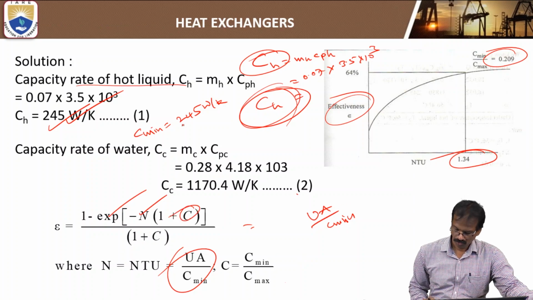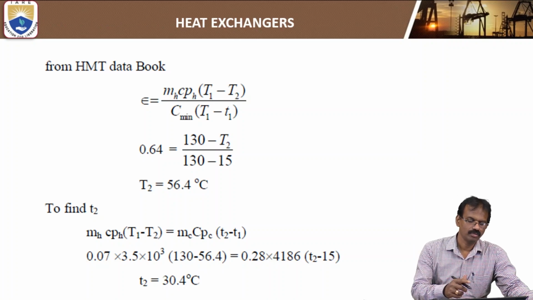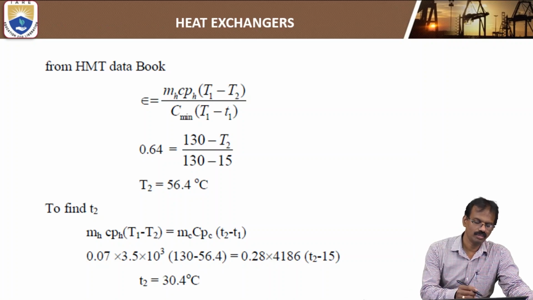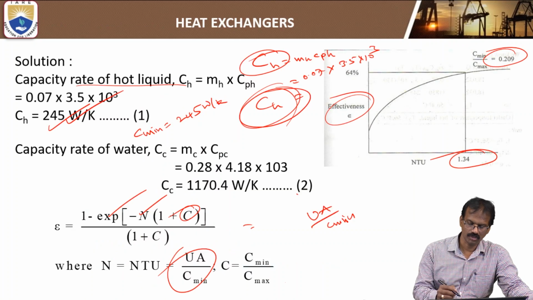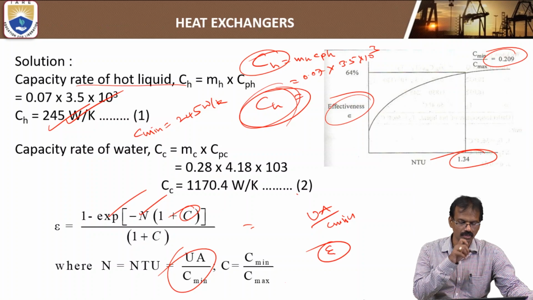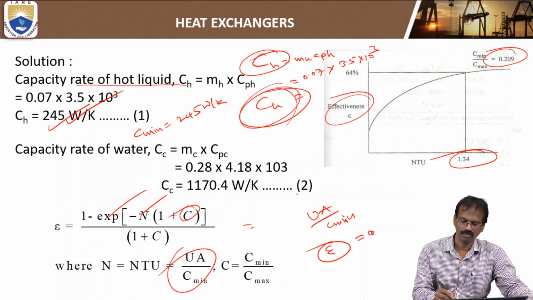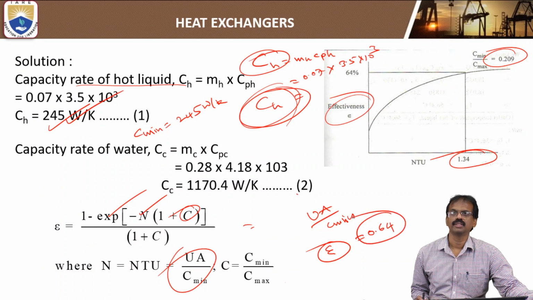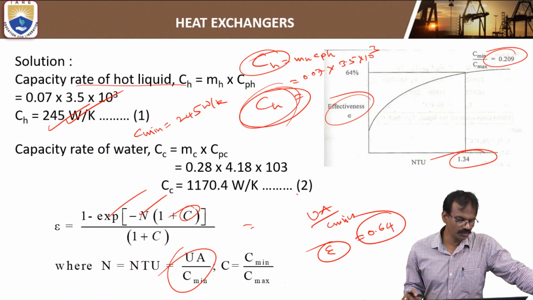If you substitute those values, you will get the effectiveness value, which is 0.64, either by the data book or by this formula.